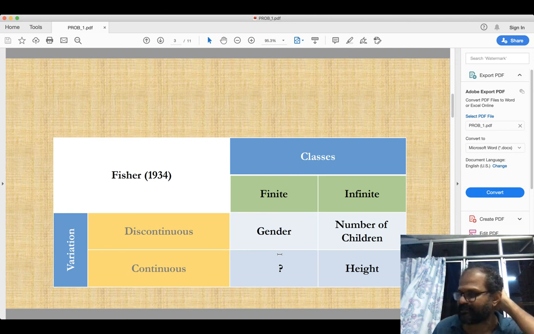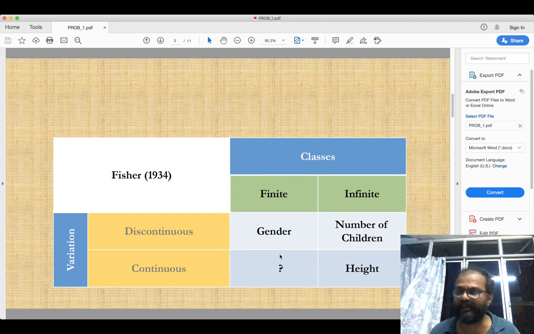Number of children. Numerous can be numbered, so it's not really speaking finite. It's more closer to infinite.